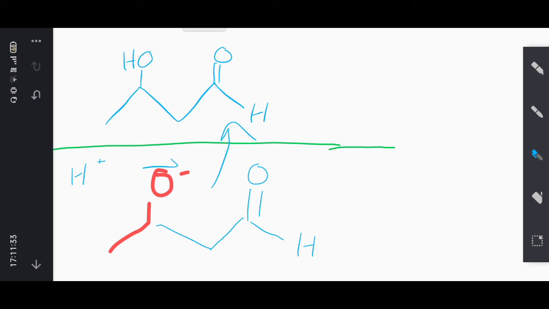So now you may ask me, from where does this H come from? So I will tell you that you have used one OH minus ion, which was your catalyst at the start of the reaction. So this time we are going to regenerate that OH minus catalyst. So now you see you have made the formation of HOH, that is water.